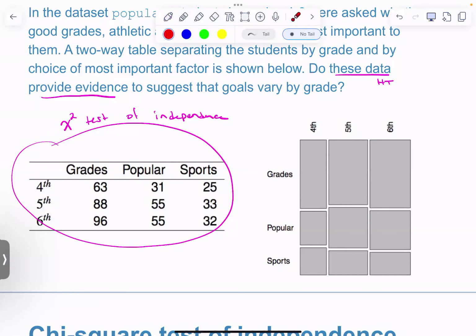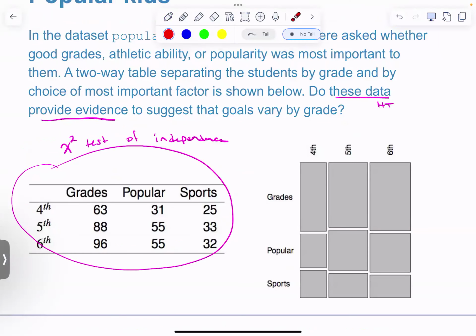And then we can confirm that by rereading it. Do these data provide evidence to suggest that goals vary by grade? Which we could rephrase as the grade that a student is in is independent of what their overall goal is, or the goals are independent of the grades.